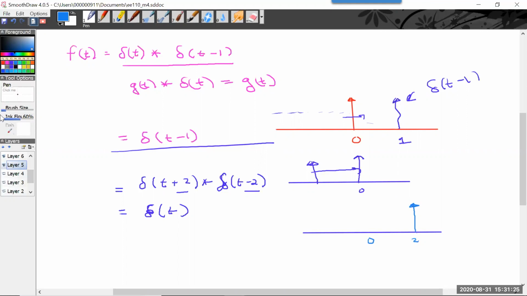But this other one is here. Yeah, it's minus, but that means it came two units early. So if this came 2 units late and this came 2 units early, it's going to end up right in the middle at 0.